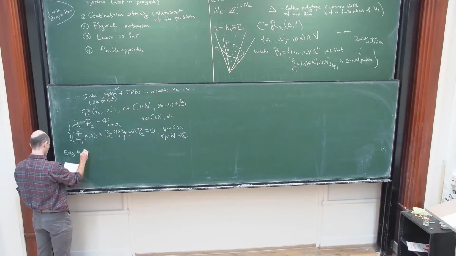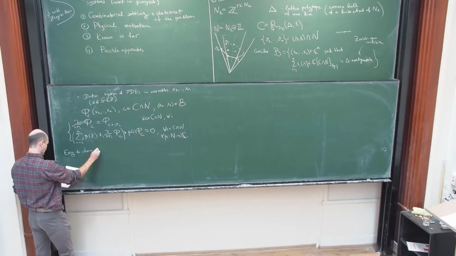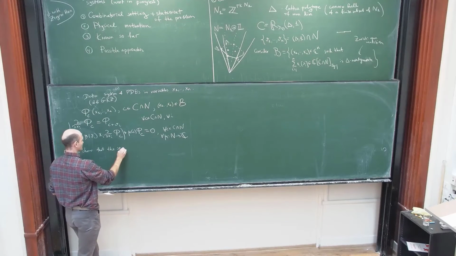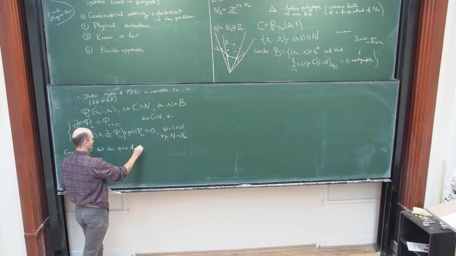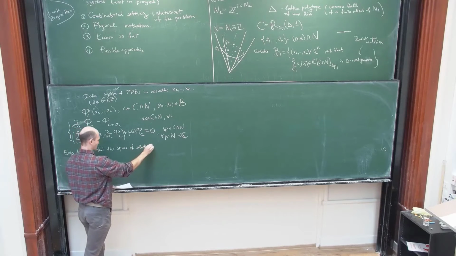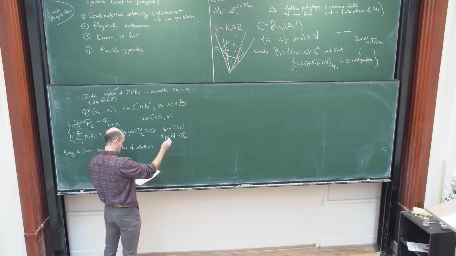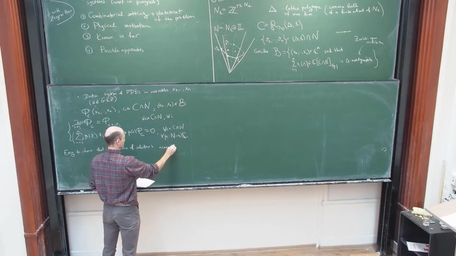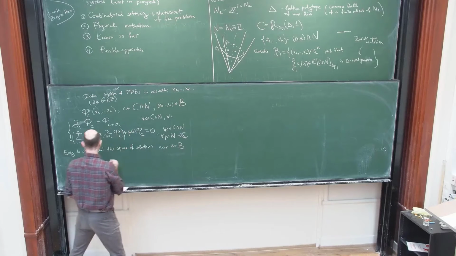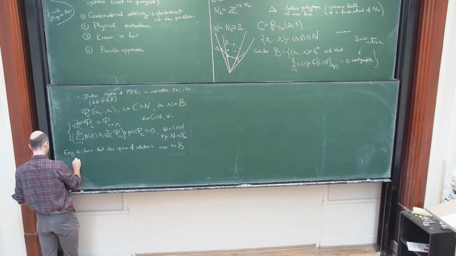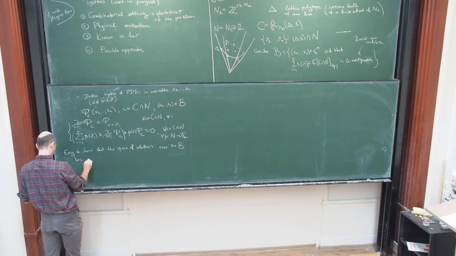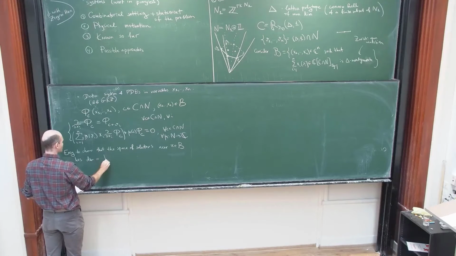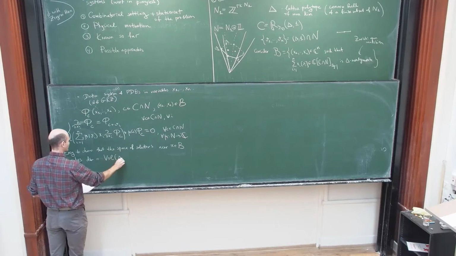So it's easy to show that the space of solutions in a neighborhood of any point in B is a vector space, of course, and its dimension is equal to the normalized volume of delta.